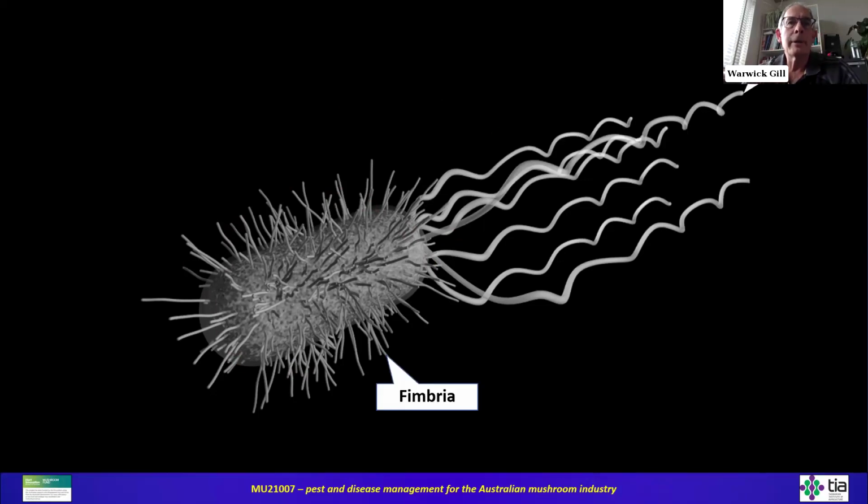They often have fimbria. So these are little rods that come out of the cell, and these are used for attachment to surfaces, such as mushroom cells, walls, floors, tools, all sorts of things. They're also used to exchange genetic material between compatible bacterial strains. So they have a dual function.